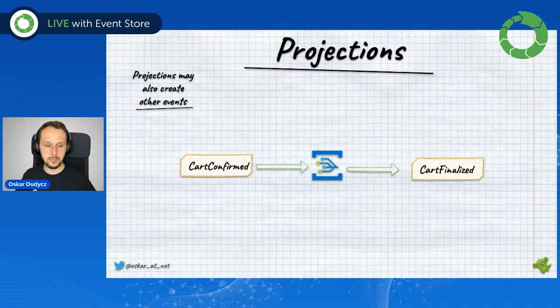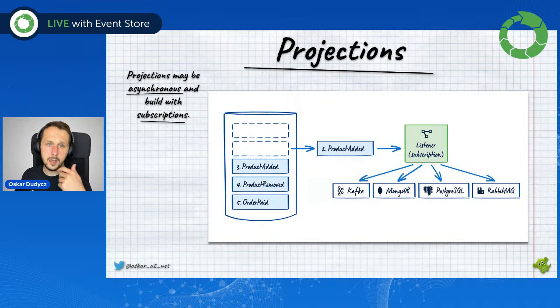So as I mentioned at the beginning, in EventStoreDB the projections are asynchronous, but it's not like projections have to be asynchronous, and some frameworks allow making them synchronous.